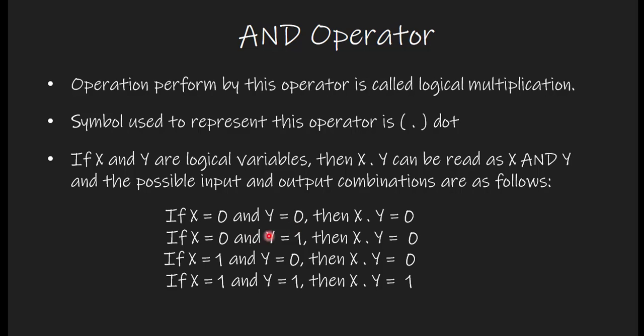In the second combination, x is 0 and y is 1, so the output will be 0 because both of them are not 1. In the third combination, x is 1 and y is 0, so the output will be 0 because both of them are not 1. And in the last combination, x is 1 and y is 1, since both of them are 1, the output will be 1.